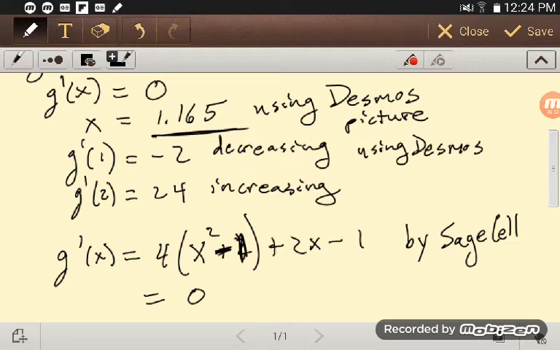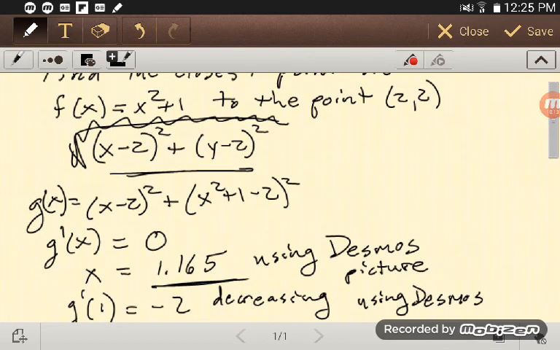Okay, so on a couple of the word problems, you can go ahead and use either Desmos or SageCell or both to help you out in calculations. But what you want to point out is that you know the calculus.